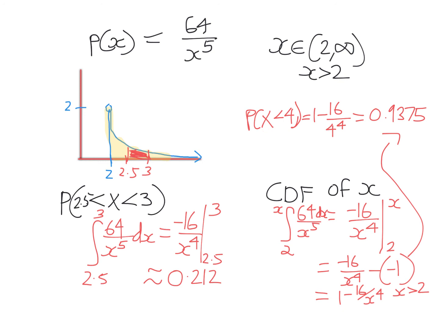The probability the random variable is less than a value. So on my diagram, the probability x is less than 4 would be all of this area here. It would be 0.9375. So again, the CDF is a function, so you should get x's somewhere, and if you substitute a number for x, it will tell you the probability that x is less than that number.